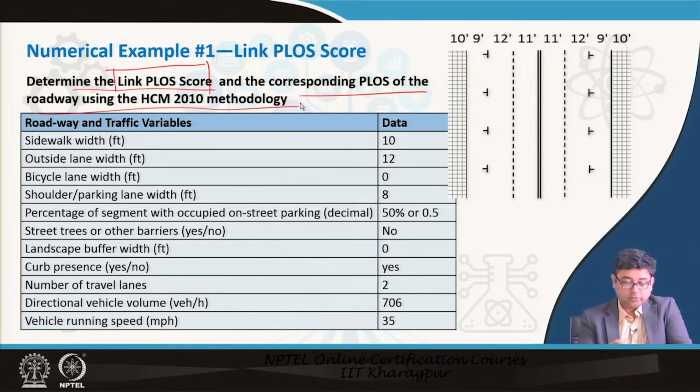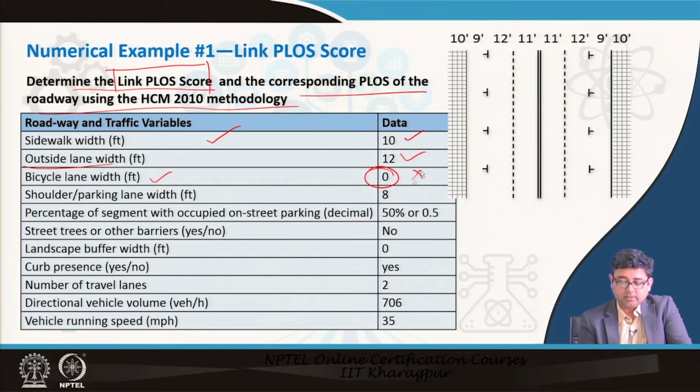For example, you have to know the sidewalk width. Here it is given as 10 feet. You have to know the outside lane width. If you go back to the formula, remember the outside lane width is necessary in order to determine the effective width. You have to know the bicycle lane width if a bicycle lane is present.